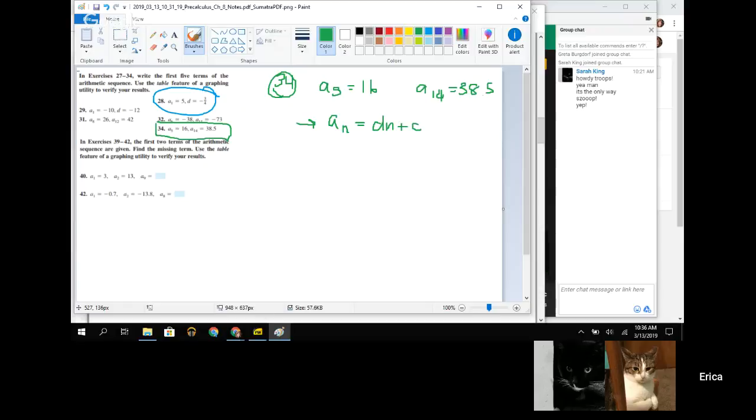So the difference for this is going to be a sub 14 minus a sub 5 divided by the spots between 14 and 5. So it'll be 38.5 minus 16 divided by 9, which I'm hoping is a nice number.